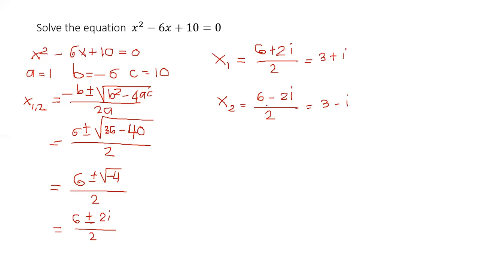Okay, so very simple. So you may convert square root of -4 into 2i. Okay, the complex numbers.